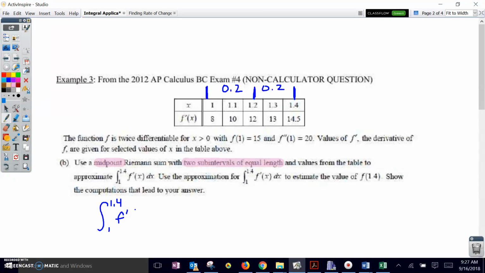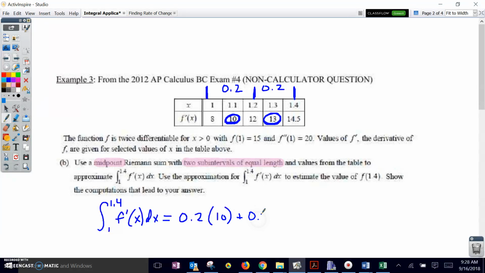And we're going to get the heights for the rectangles from the value of f prime at the midpoint of the intervals. So for the interval from 1 to 1.2, the value at the midpoint, the value at 1.1, is 10. And so the area of that rectangle is going to be 0.2 times 10. And for the second subinterval, the value of the function at that midpoint is the value at 1.3, and that's 13.